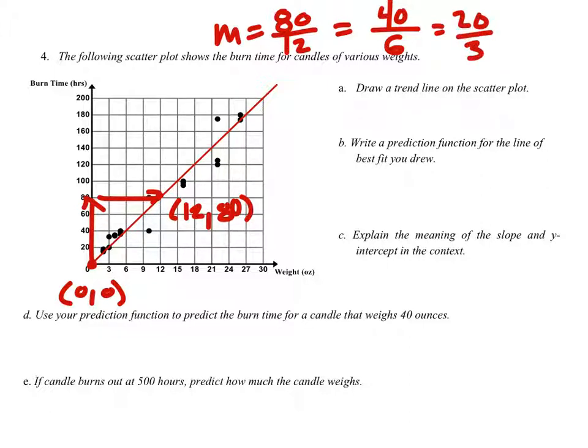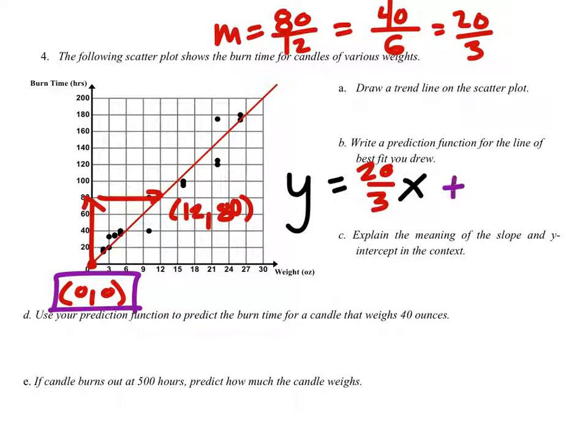That's pretty close to what we had last time even. Y equals 20/3 x. Now all we got to do is find the Y-intercept, and we did that right here. Plus 0 if you want. You don't have to write that there though. But there's our prediction function.